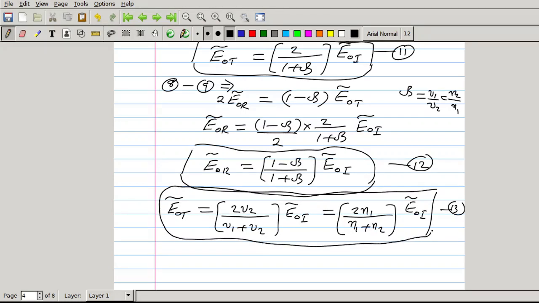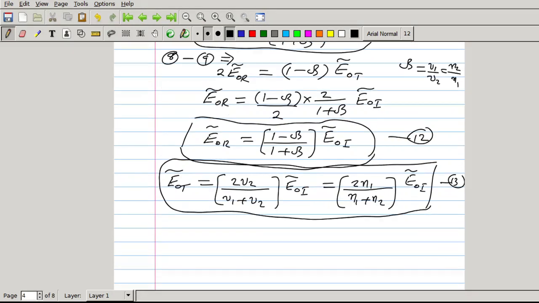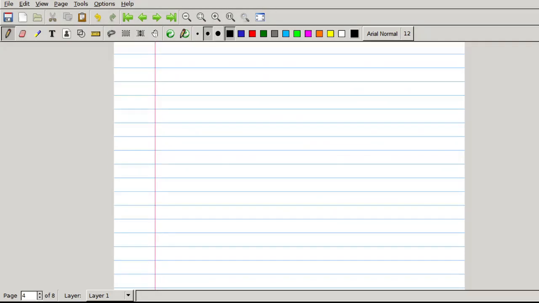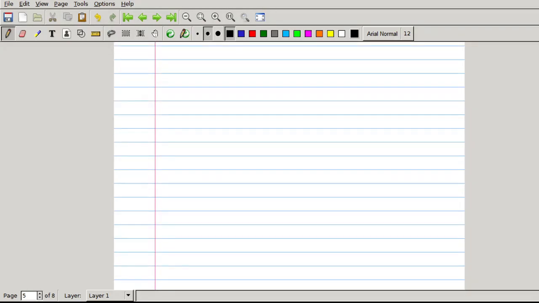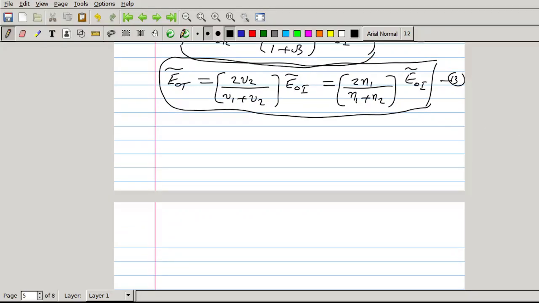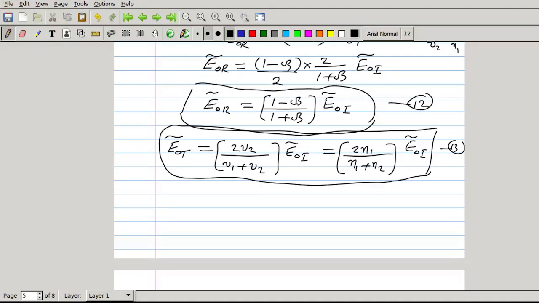In a similar way, equation 12 can be written with beta as V1 by V2. So this is 1 minus V1 by V2, which is V2 minus V1 by V2, and the denominator is V2 plus V1 by V2. V2 will get cancelled.